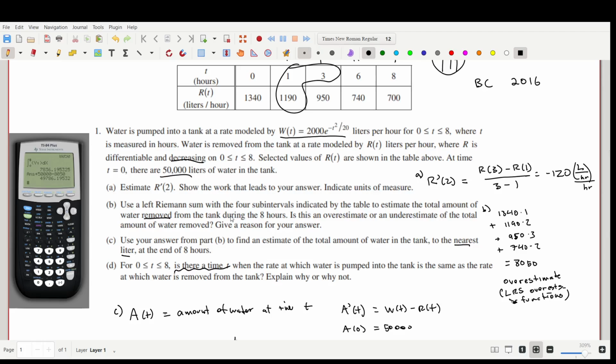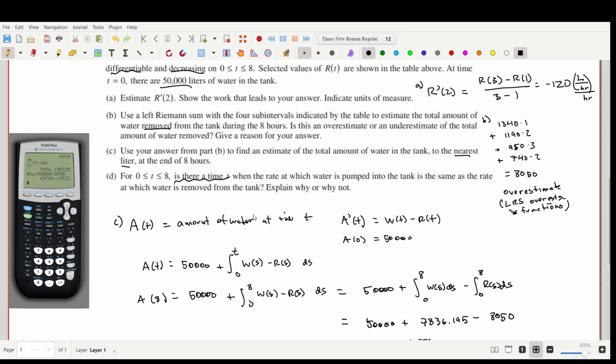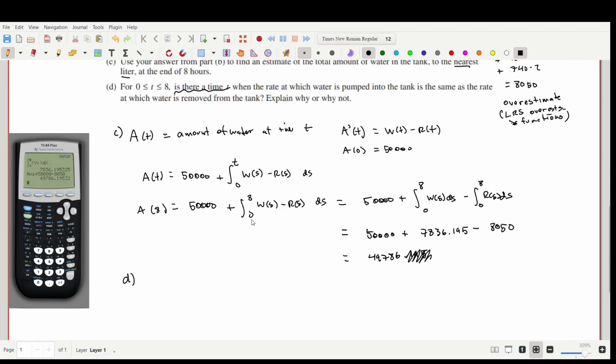So I know R is differentiable, so it's continuous. It starts at this number, ends at this number. Probably what you want to do is look at the difference, right? So maybe I'll do it fancy. Let delta of t equal, say, W of t minus R of t.